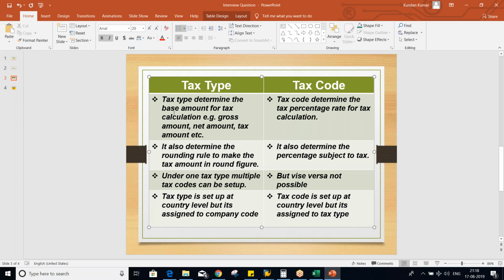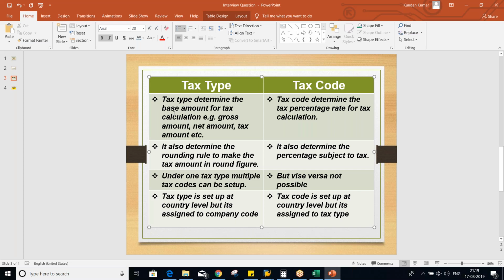Whereas the tax code determines the percentage rate, what percentage of tax is going to be deducted. At the same time, the tax type also determines the rounding rule, whereas the tax code determines the percentage subject to tax, in the sense of what percentage of your base amount is subjected to tax.